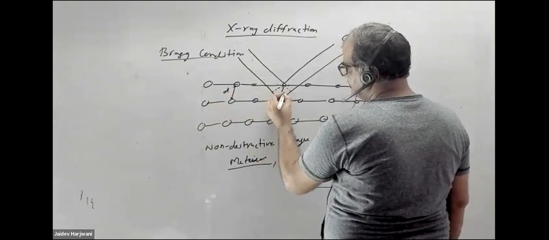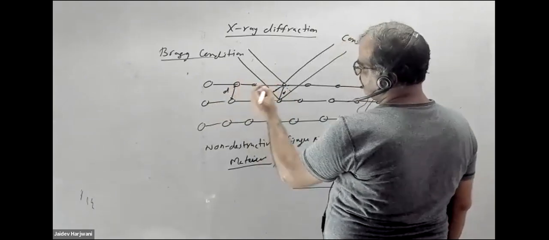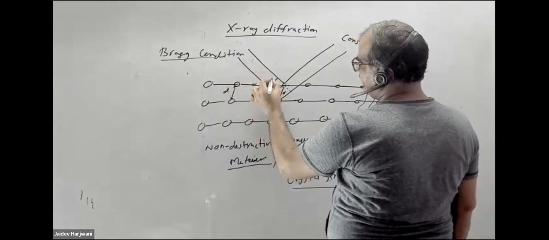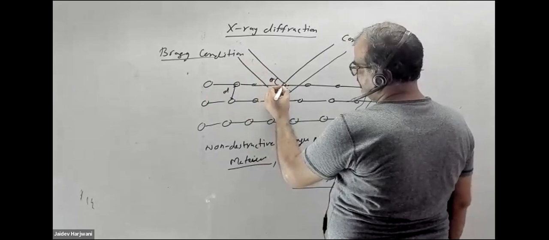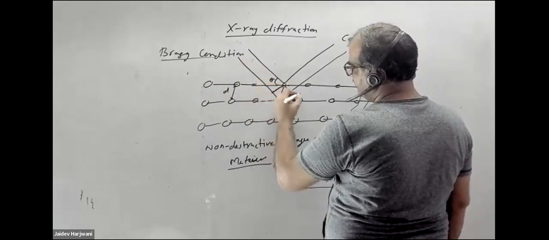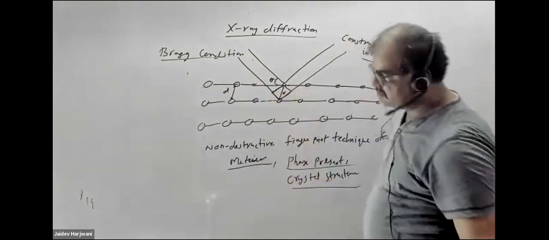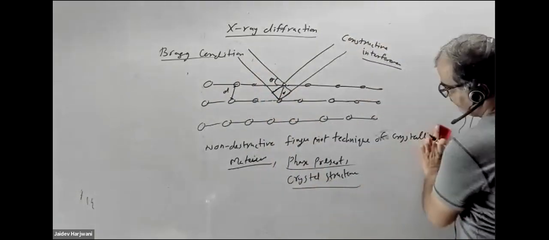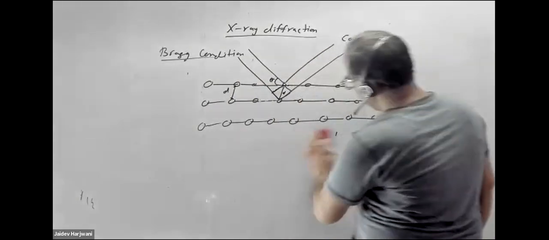Now if I put a perpendicular here, suppose these rays are falling at angle theta. Now the path difference is this one. The path difference should be equal to n lambda if these rays have to constructively interfere.